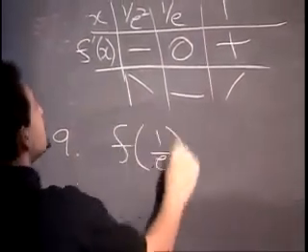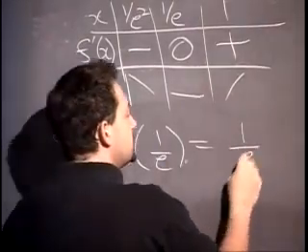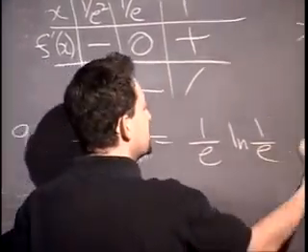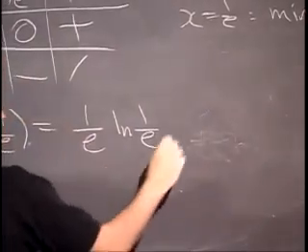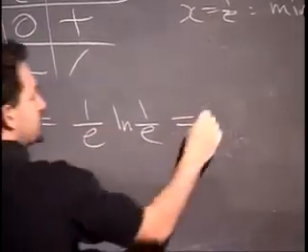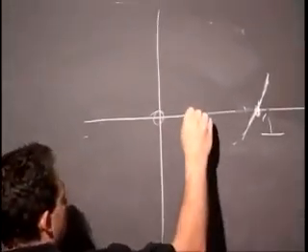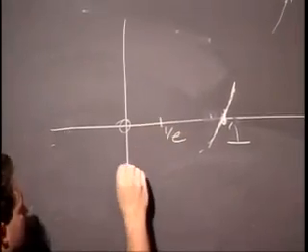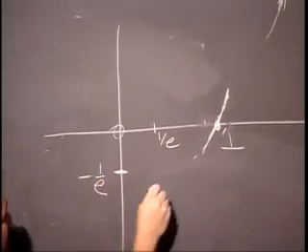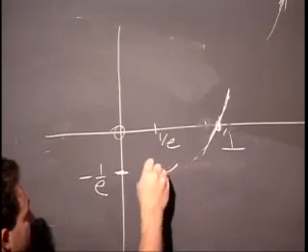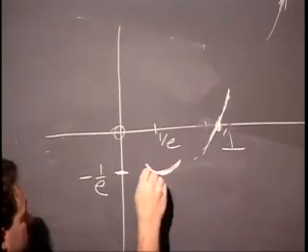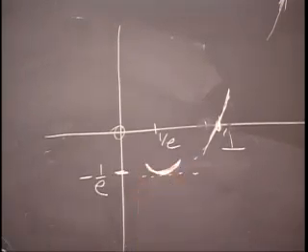F of 1 over e is equal to, we go back into the original, 1 over e log 1 over e, not the derivative, the function itself. This is negative 1, so it's minus 1 over e. And so we now can come back over to the graph, and we can mark in the point 1 over e, comma, minus 1 over e, and we know that there's a local minimum there. And just to emphasize it, I'll draw a little tangent, and that's got to lie below the curve because it's a minimum.